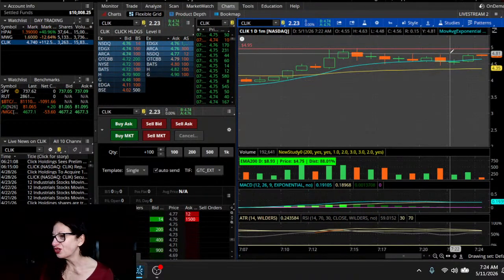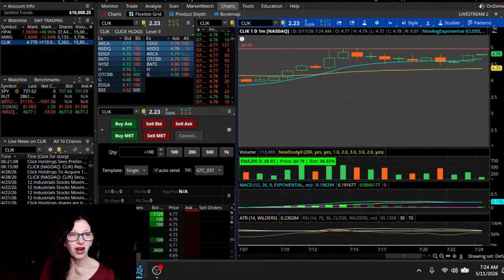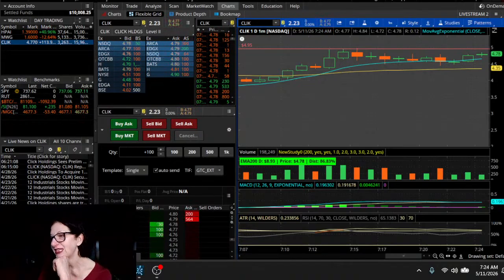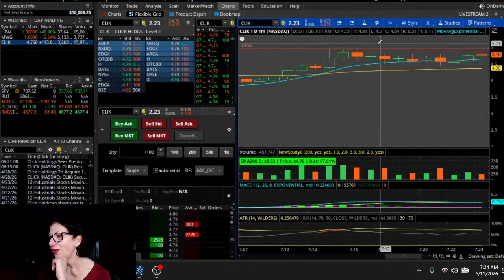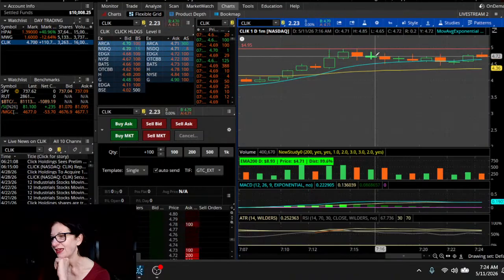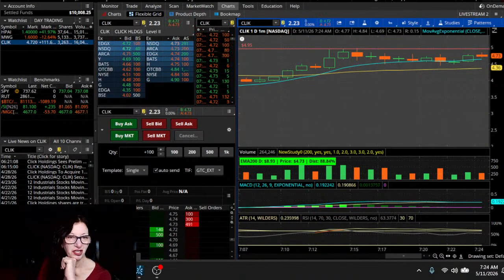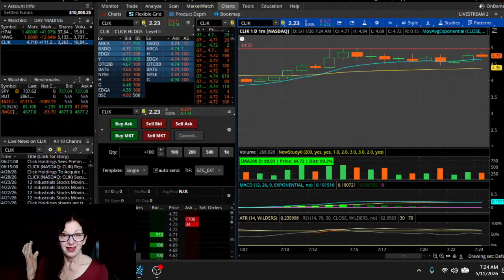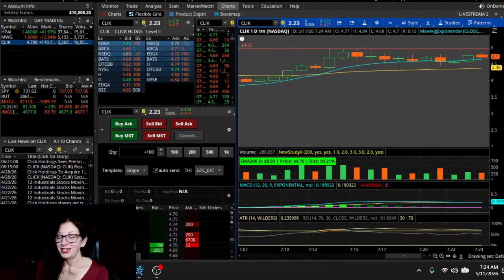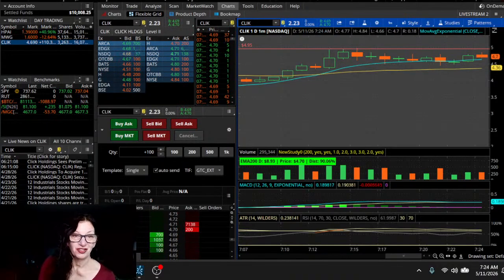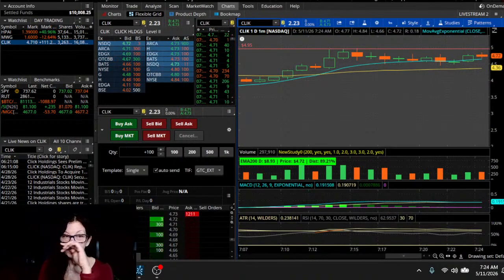So now CLIK is trying to break out. It's moving up slowly. It did, but I don't know. This is just too choppy for me. I want to see things a little bit more clean and clear. And like you said, be patient, right? I shouldn't take things that look choppy to me just because I really want to make a trade.